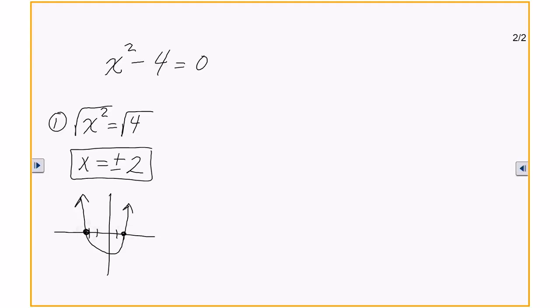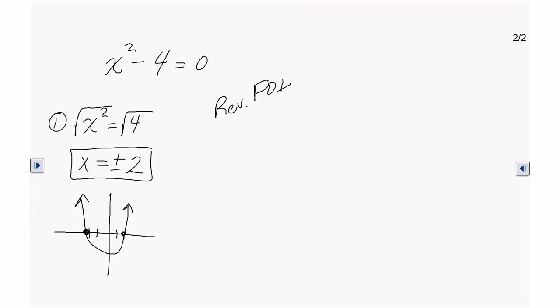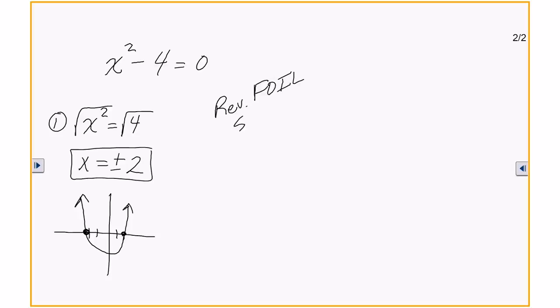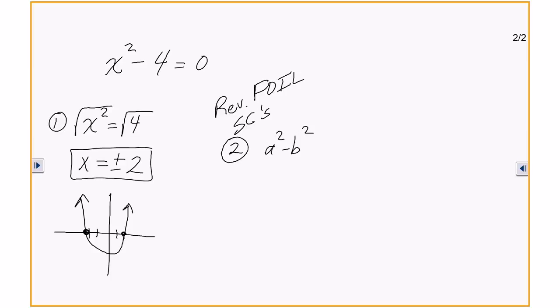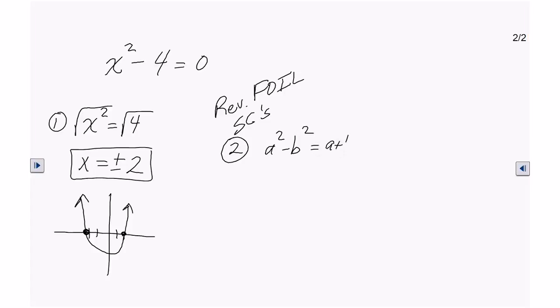But you're reaching back into your toolbox. Here's another way you could do it. You could use reverse FOIL or the shortcuts. And that would give you shortcut number 3, which is a squared minus b squared is equal to a plus b times a minus b.